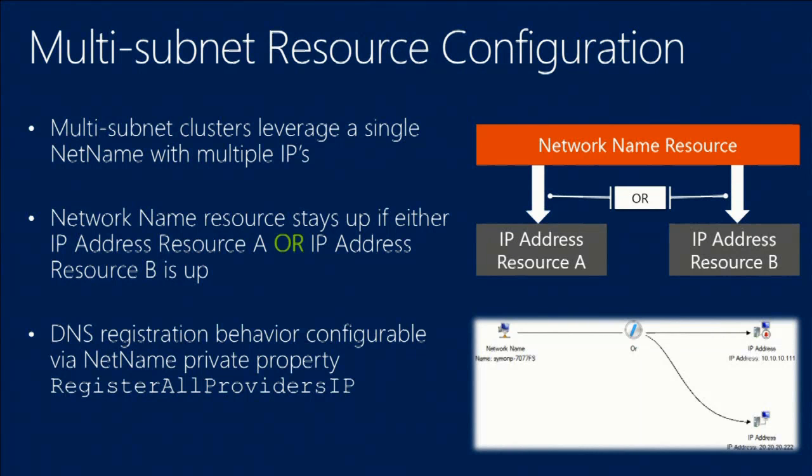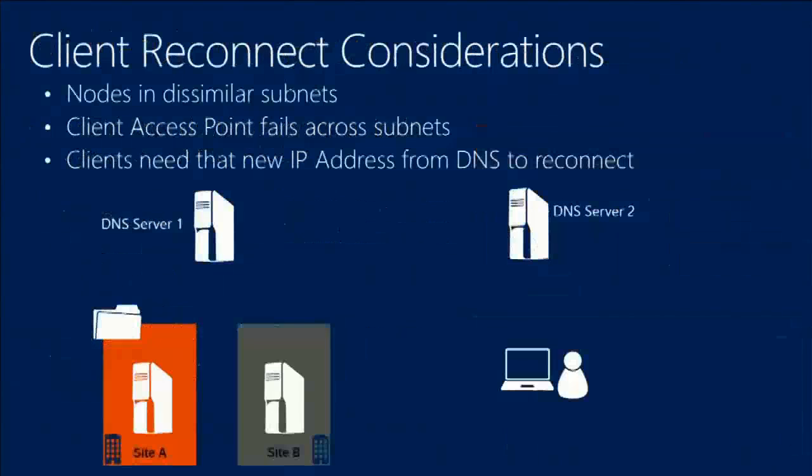It certainly helps for automatic failover capabilities, but it does bring in some interesting considerations. So basically, let's say I have my DNS server 1, and this is my DNS server 2, and my client is sitting here, and I have my two sites with two nodes, and the 10.10 IP address is actually online.